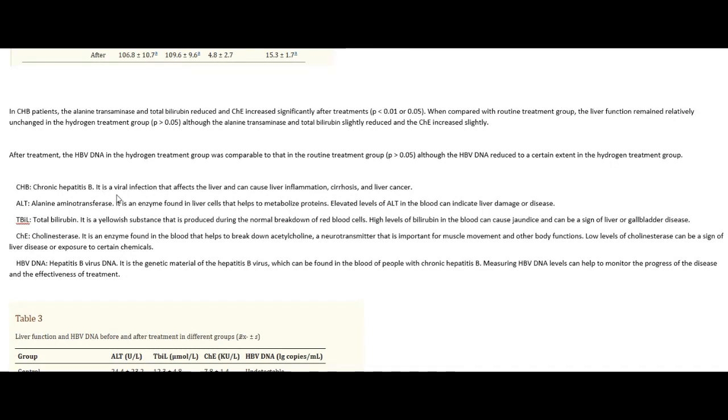After treatment, the HBV, or hepatitis B virus DNA, in the hydrogen treatment group was... You can say people say Hep B. Okay, like Habibi. You know that word? I watched some videos, and apparently that's a way of saying dude or friend in Arabic.